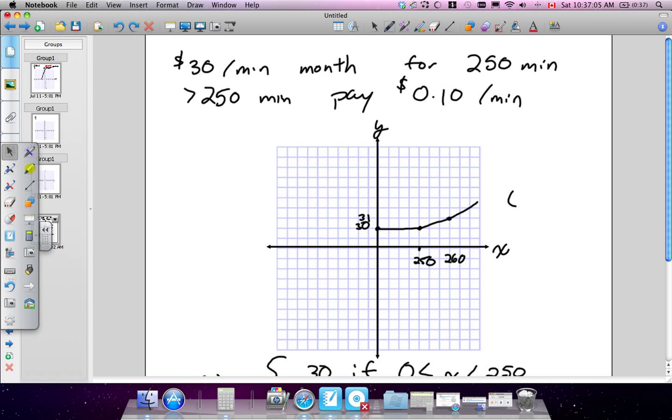I know it's a straight line. One of my coordinates I know is x at 260 and 31. And I know another one of the coordinates would be 250 and 30. So this is going to get me my slope in here.